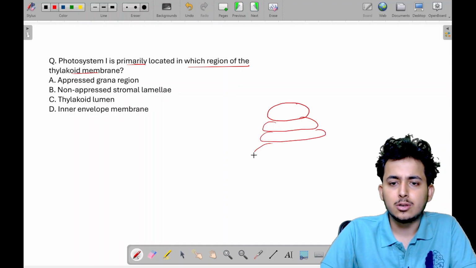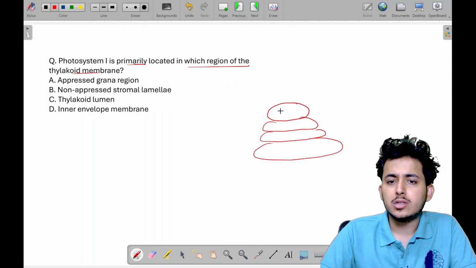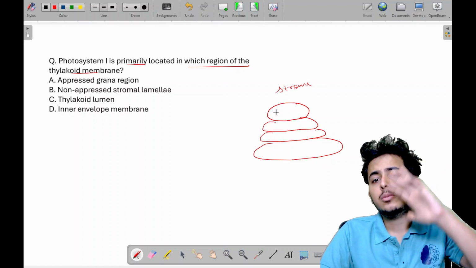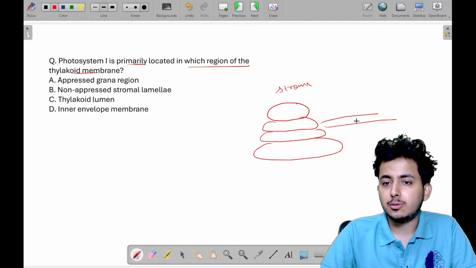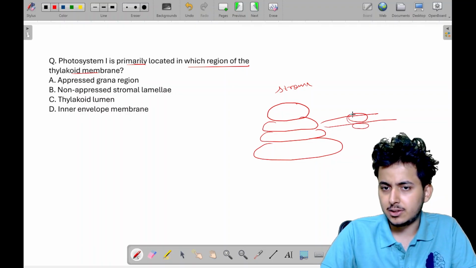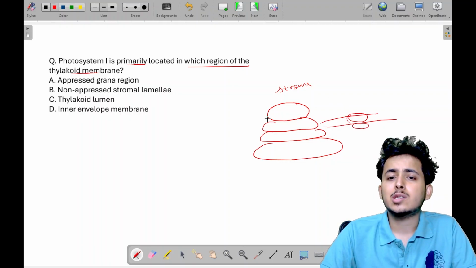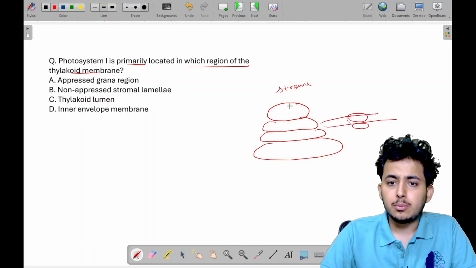In the thylakoids there is some part that is exposed to the stroma, the terminal thylakoids mainly, or these thylakoids which are present like this. The ones which are exposed to the stroma are called non-appressed or stromal thylakoids.